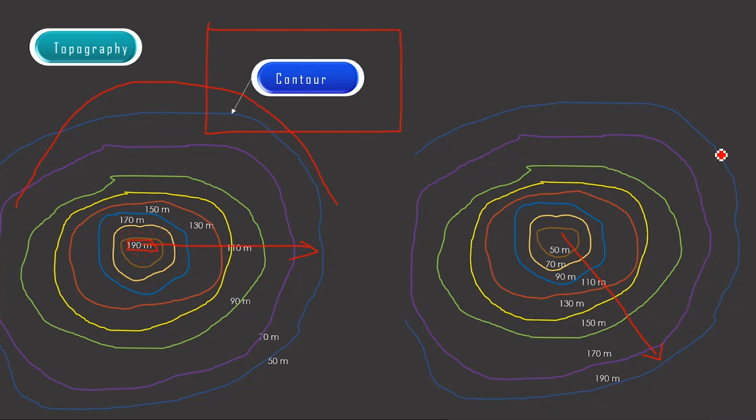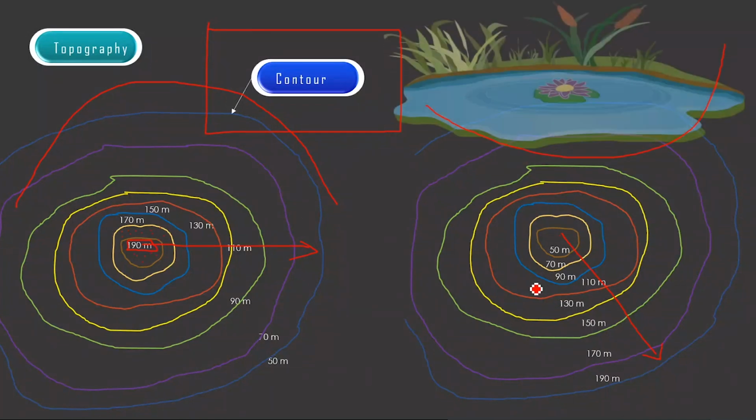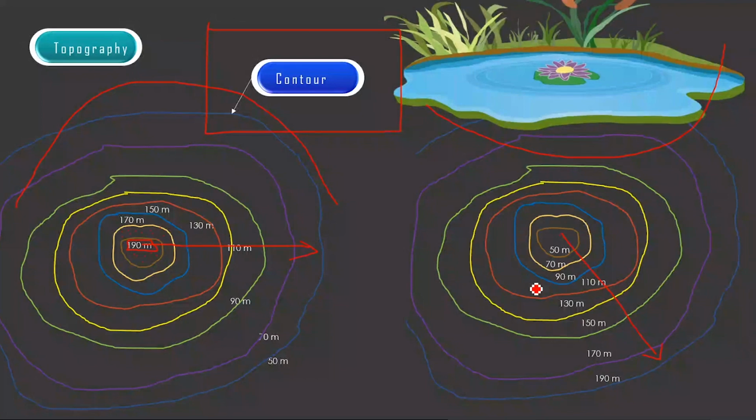What would be represented by these contours, where the value at the center is small and increases as we move away, with the outer contour values increasing? This may be representing a basin, or it may be representing something like a lake.